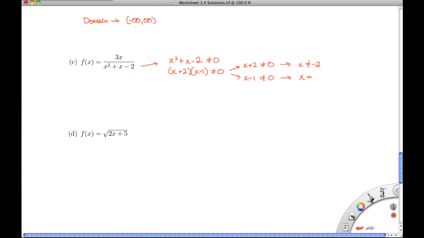And notice that if we had picked either negative 2 or positive 1 for x, plug them back in to this original function in the denominator, we would end up dividing by 0. So these are the restrictions. We can use anything else except for those two numbers. So how do we express that domain? When the domain starts to get a little bit complicated, sometimes I like to draw a real number line to get the intervals.